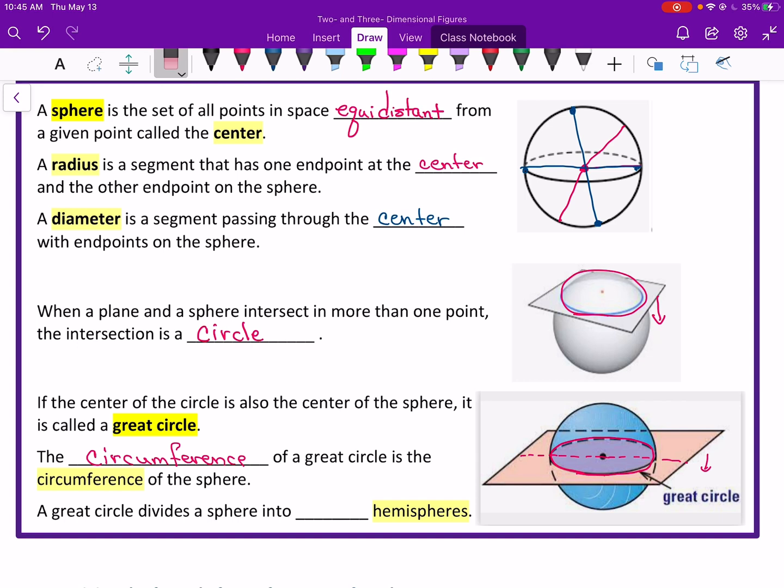Since the great circle goes through the center of the sphere, it divides that sphere into exactly two hemispheres, two equal parts. Like there are two hemispheres in our globe, on our Earth. The great circle divides the sphere into two hemispheres.